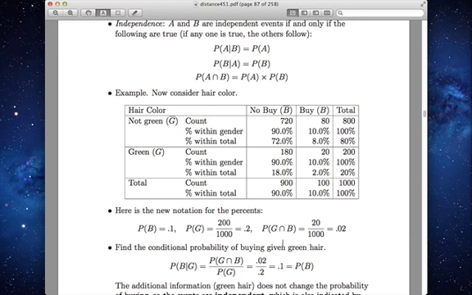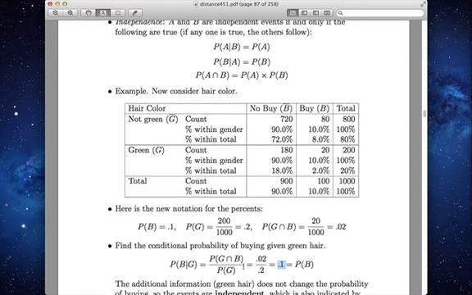All right, so let's now compute the conditional probability of buying given that somebody has green hair. So this is just the joint probability divided by the marginal. So 2% divided by 20% is 10%. Now notice that this is 0.1, and that's just the probability of being a buyer.